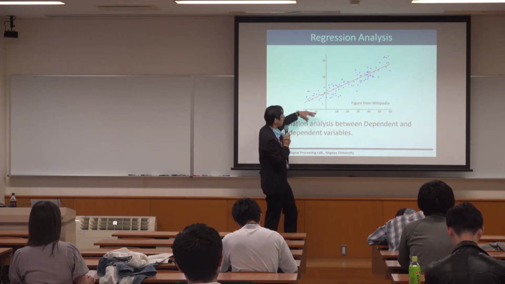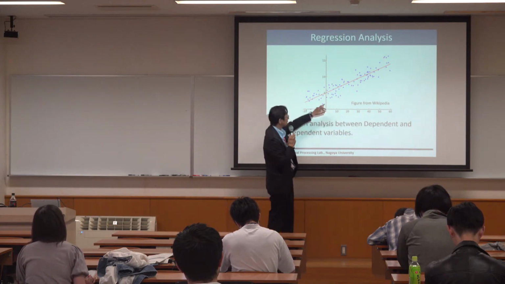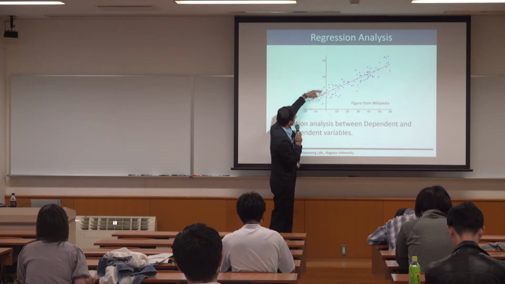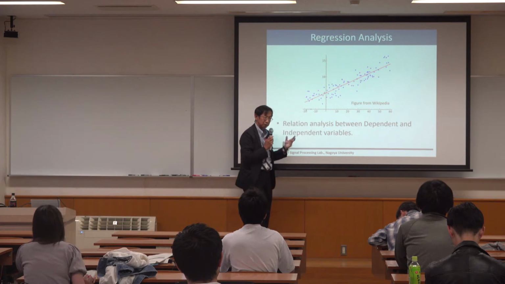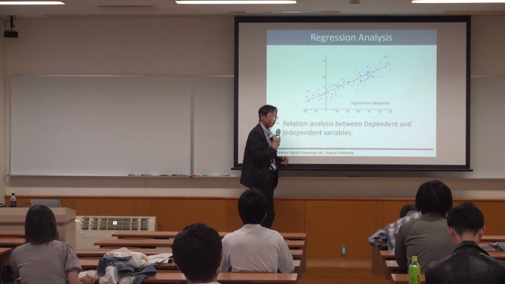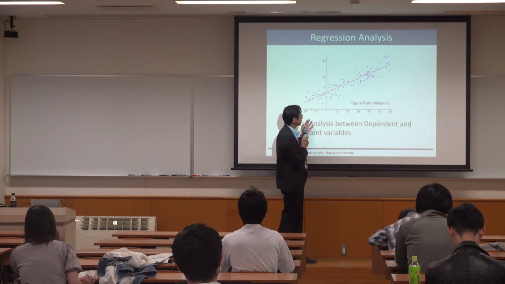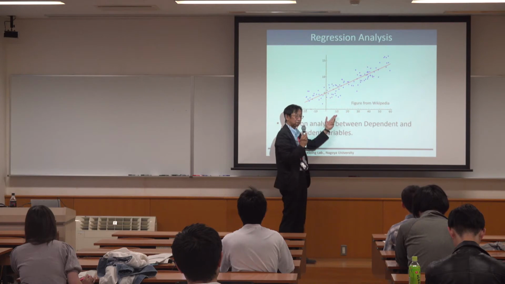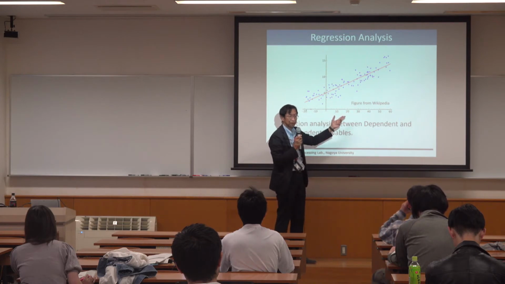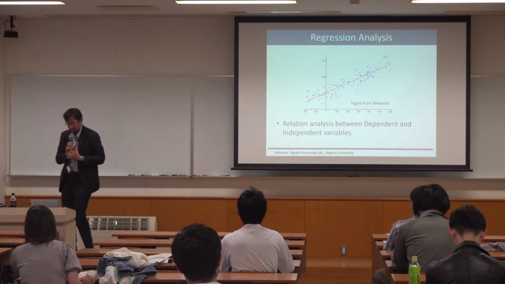Suppose that we can easily measure or observe the first, but we cannot observe the second variable in real time or simultaneously. Then the problem is how we can estimate the value of the second variable when given the first variable or a set of first variables. This problem is called the regression problem.